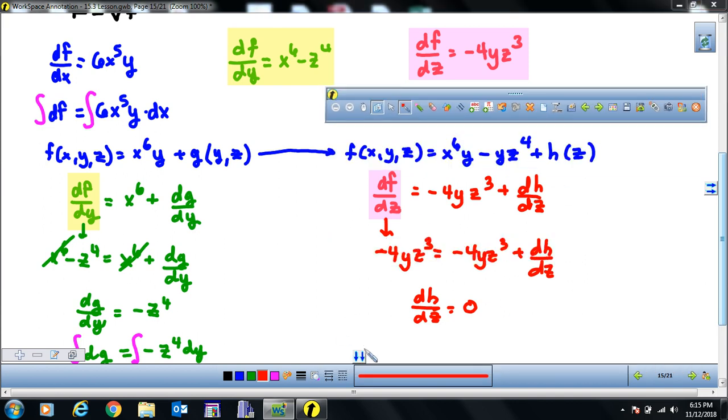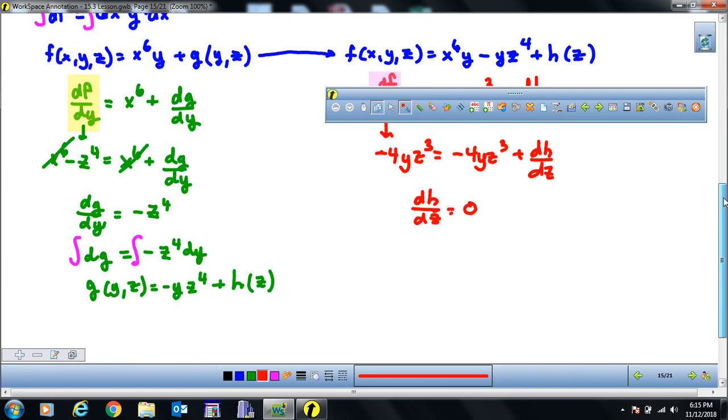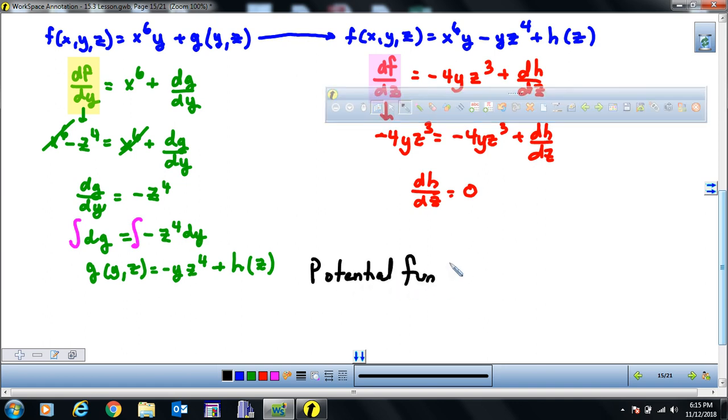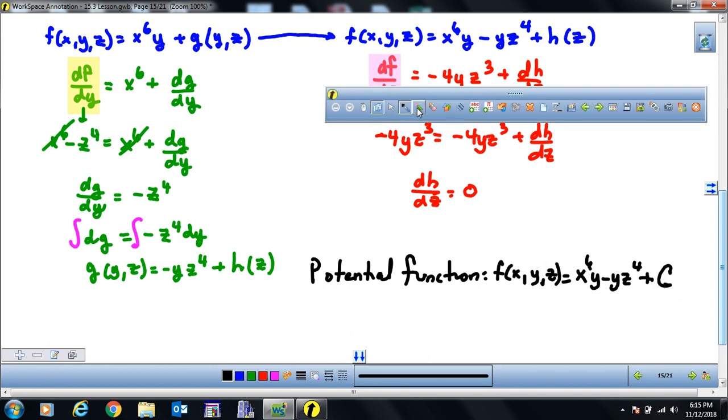Okay? So then we can write the potential function. This is our last step in the process. So the potential function is going to be f of x, y, z equals x to the 6th y minus yz to the 4th plus some constant c.